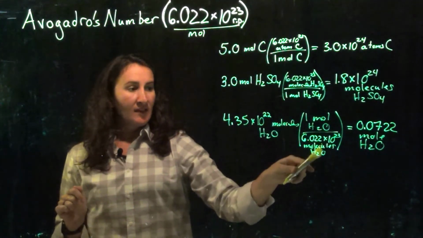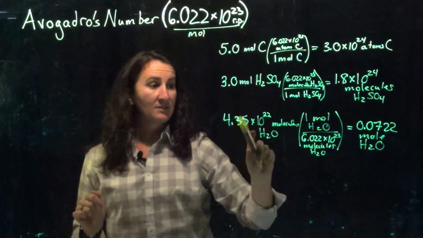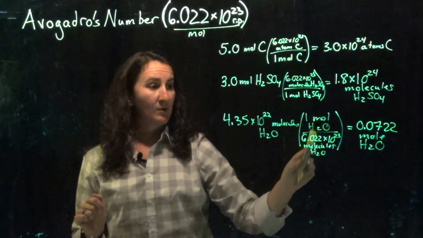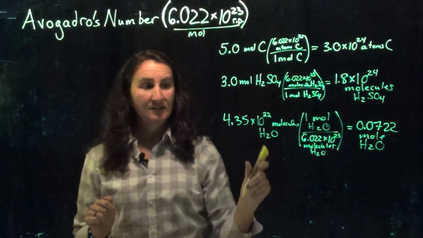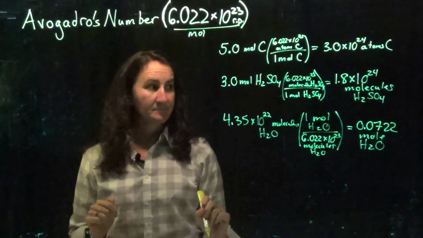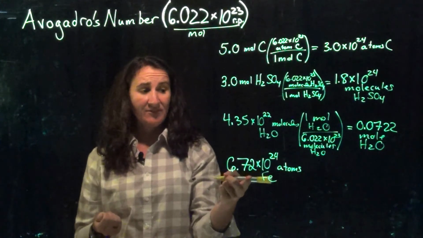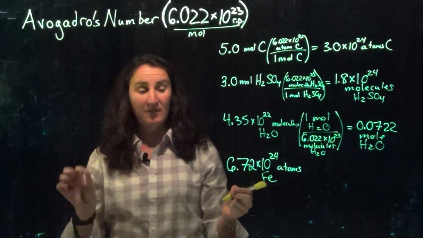So once again, molecules is canceling on the bottom, moles is what's left, so that becomes our units on our answer. We just multiplied these two numbers, this times 1 over this, give us our final answer. Sig figs, 3 sig figs here, 3 sig figs here. Let's do one last one. So we're going to start out on our next one with 6.72 times 10 to the 24th atoms of iron.